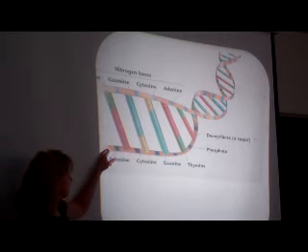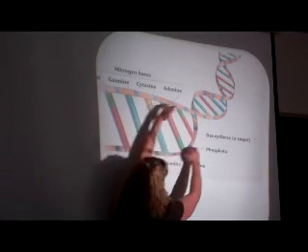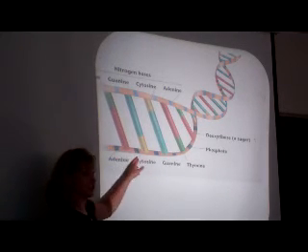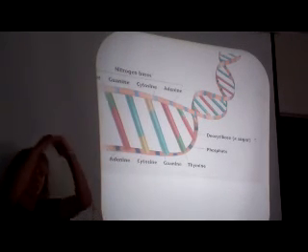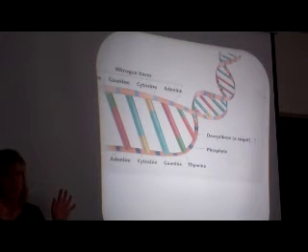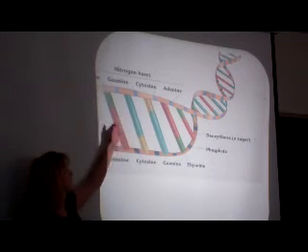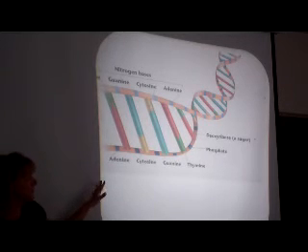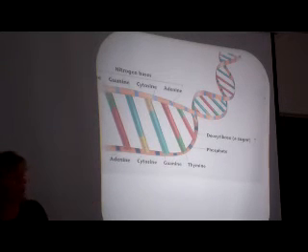The sugars and the phosphates are going to form the sides of the ladder. So it alternates: sugar, phosphate, sugar, phosphate, sugar, phosphate, because they're all joined together. Those nitrogen bases are going to form basically the steps of the ladder. We're going to go into more detail about this in another couple of chapters when we learn more about DNA.